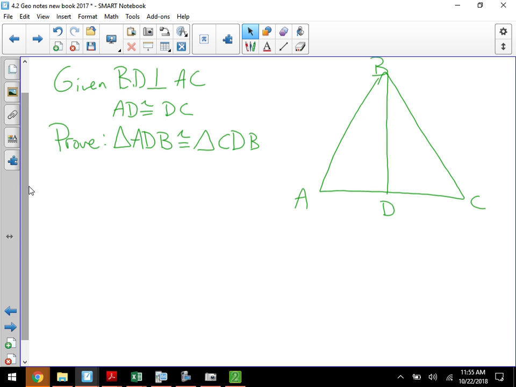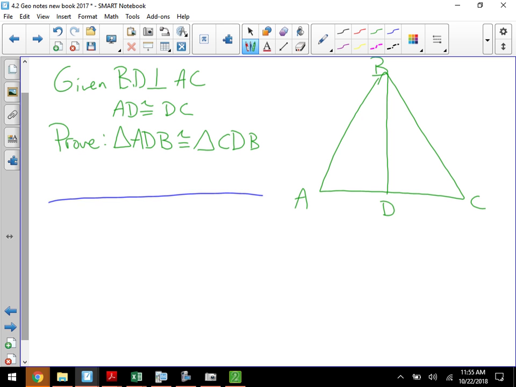Hallelujah! What do you got? Draw the pictures. Mark the diagram. What are the angles that are formed? Okay, so what are the angles? Perfect. You got it.